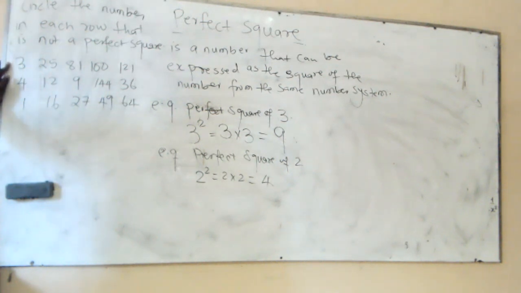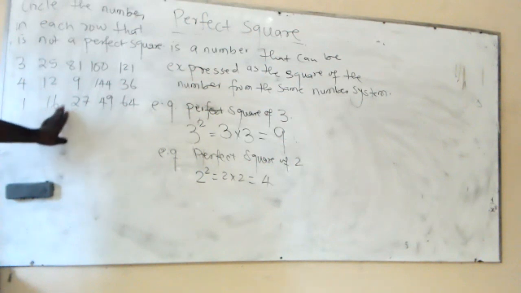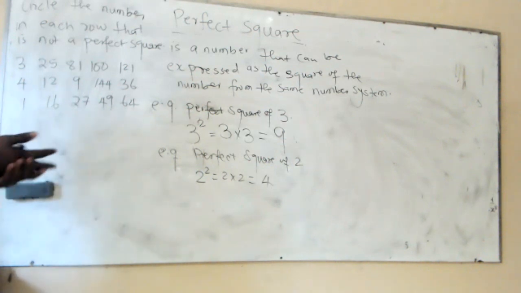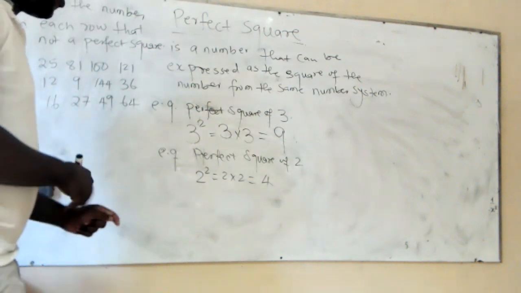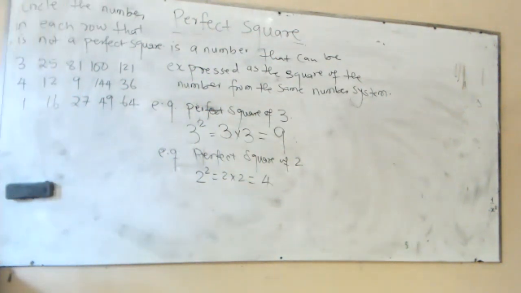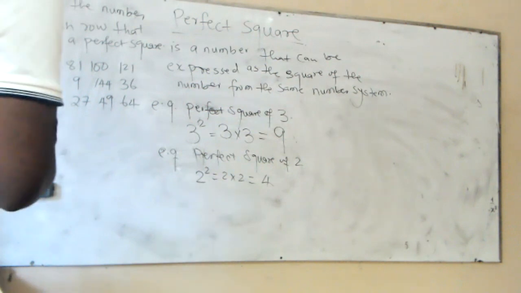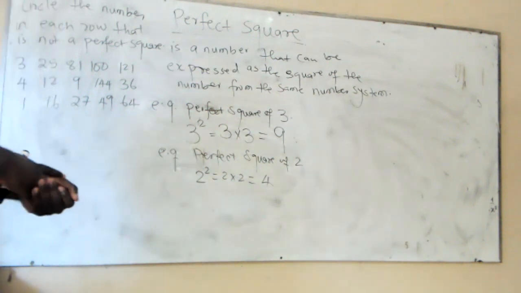In the first row, we're given 3, 25, 81, 100, 121. On the second row, we're given 4, 12, 9, 144, 36. And on the last row, we're given 1, 16, 27, 49, and 64. So we want to identify those which are not perfect squares.